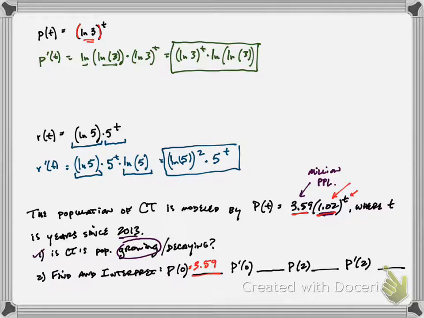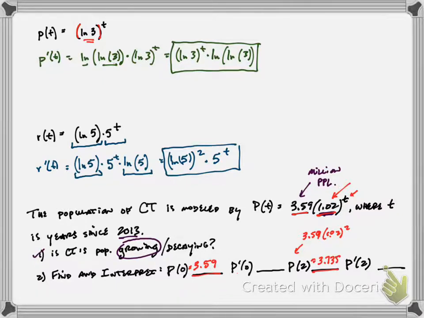I'll come back to the derivative in just a second, but let's interpret P of 2 then. So P of 2 is 3.59 times 1.02 to the second. I'll take a moment and punch that in. I have my calculator by me. And I'm getting 3.735 approximately.